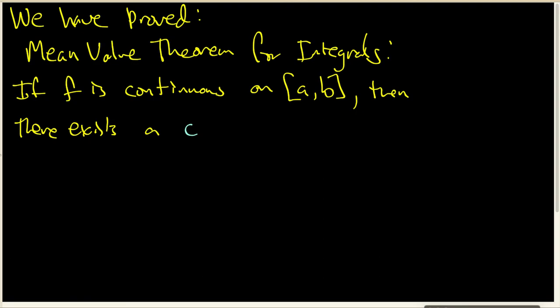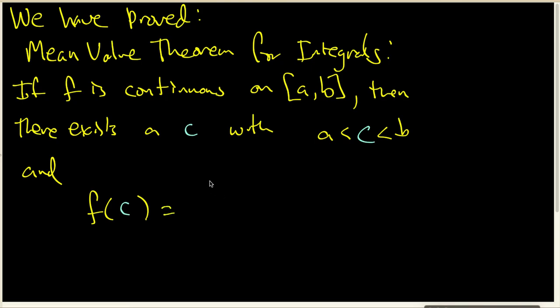There exists a magic C with A less than C and C less than B, and f of C is going to be equal to the integral between a and b of f of x dx divided by b minus a.